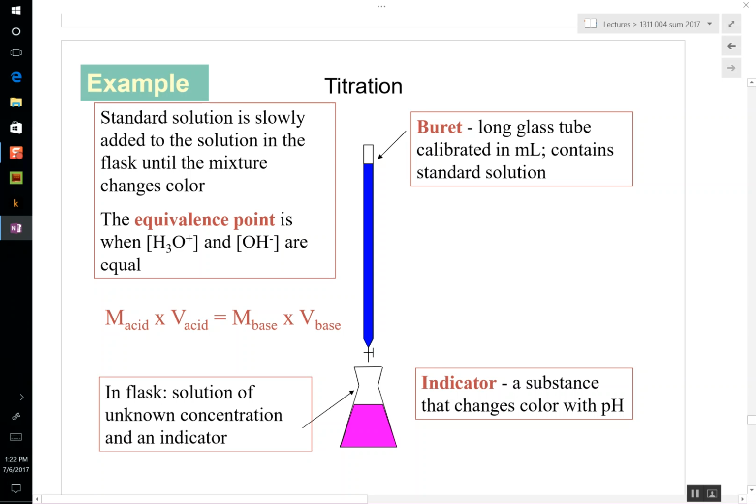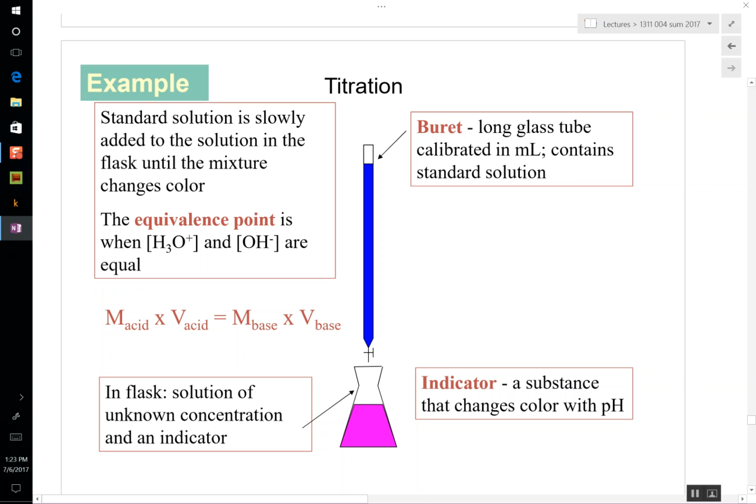We've got an aqueous HCl solution and an aqueous sodium hydroxide solution of some concentration. In one case we will know the concentration, and in another case we won't. That's what we're doing in the titration: trying to determine the concentration of one of these reactants, whether it be the acid or the base.